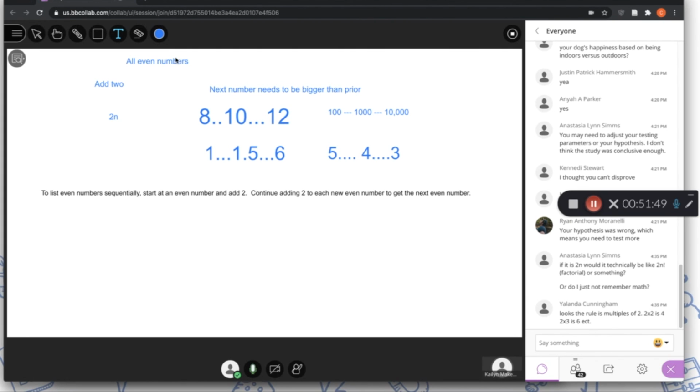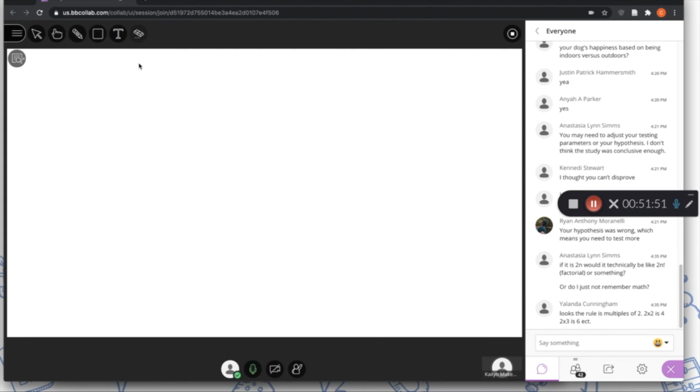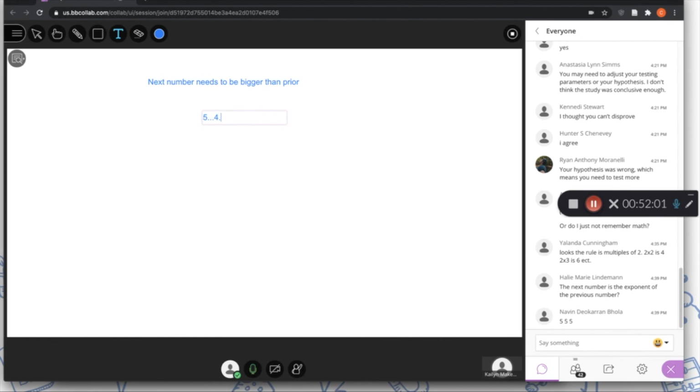So here's our current working hypothesis. Good, so one hypothesis or one data is 555.